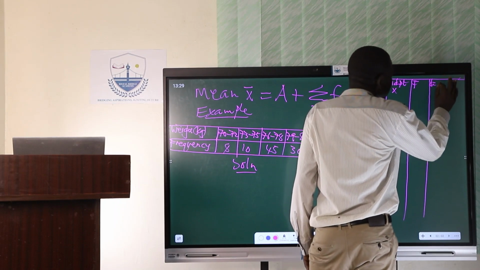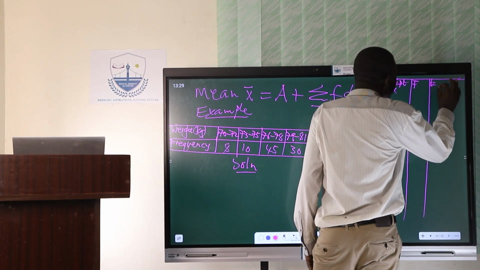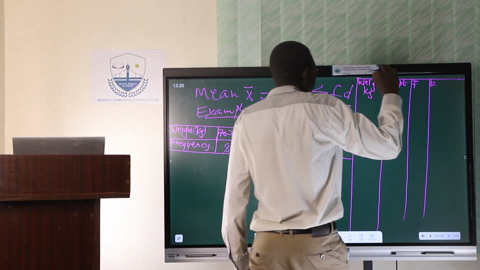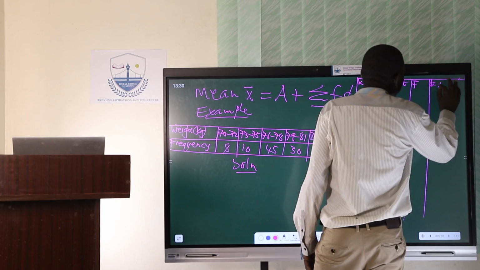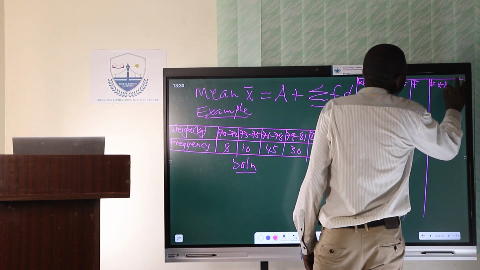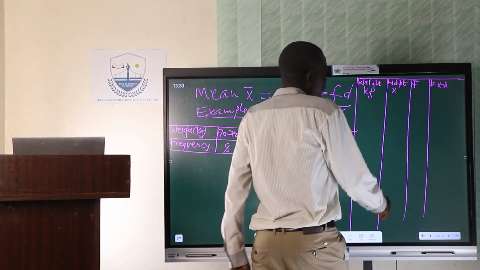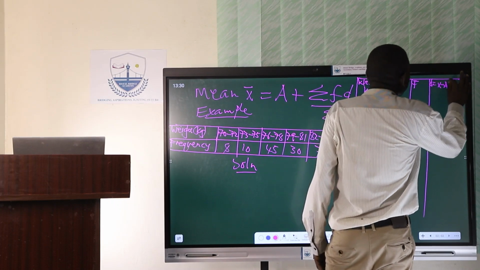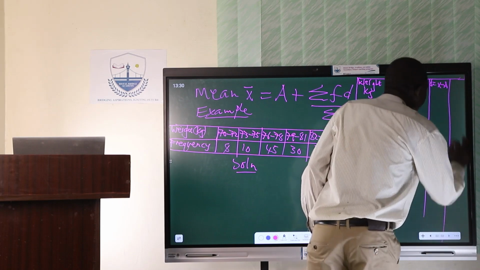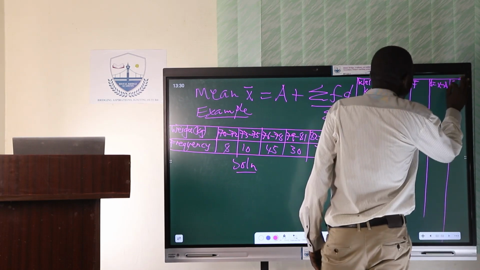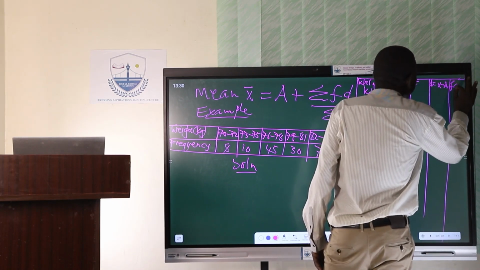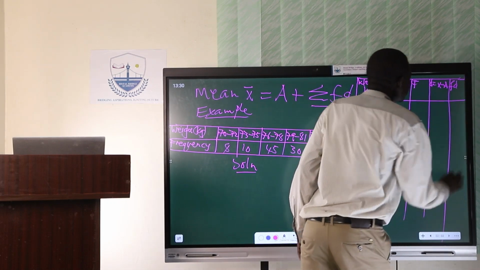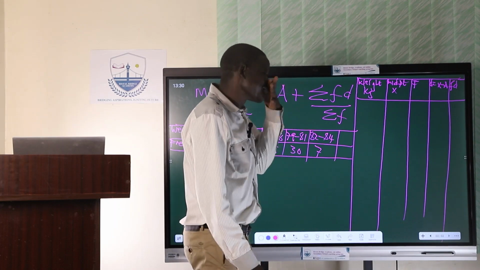Which deviation is obtained by X minus A. And then lastly, we now have FD. So our table will look like that.